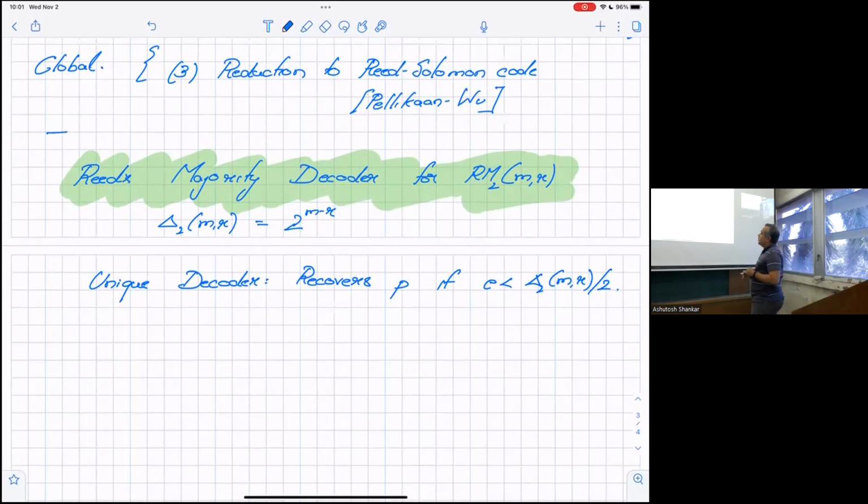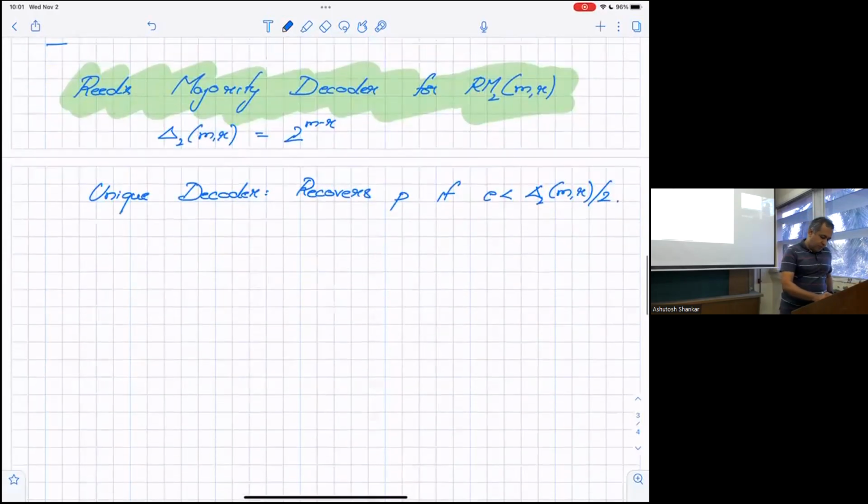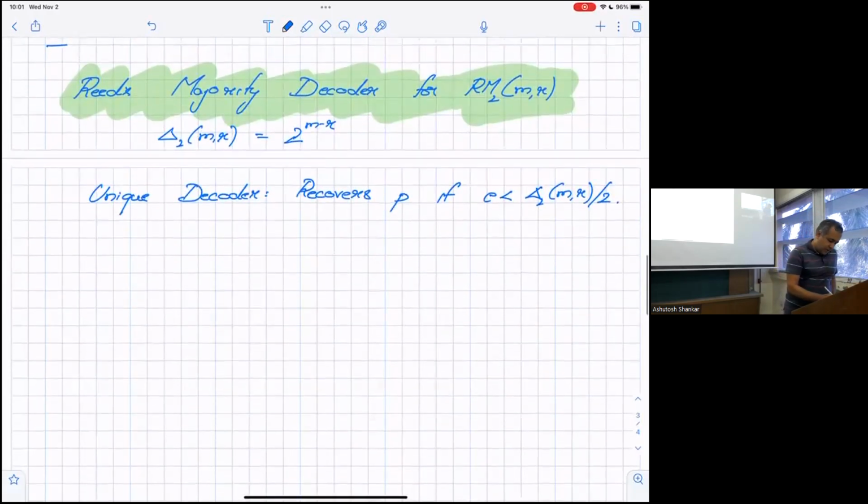So what's the setting over here? We are as before. Let's play a little bit around. Take any polynomial p of x1 to xm. We can write it in the monomial basis. So what's the monomial basis?